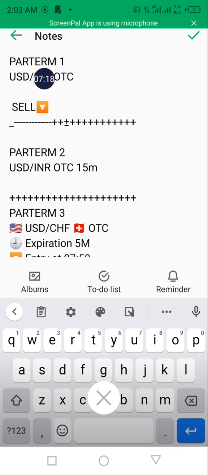It drops the pair first, giving you a few seconds to select it, then the direction of the trade will be dropped. That's why you see sell. This is pattern number 1.